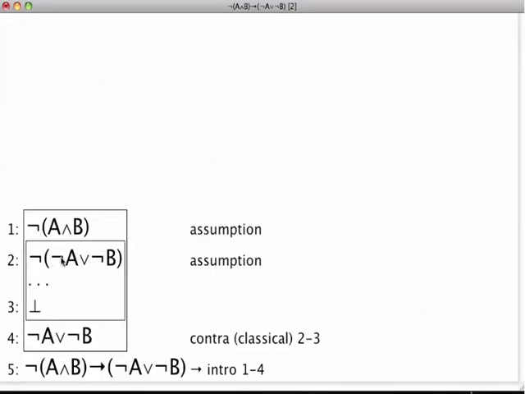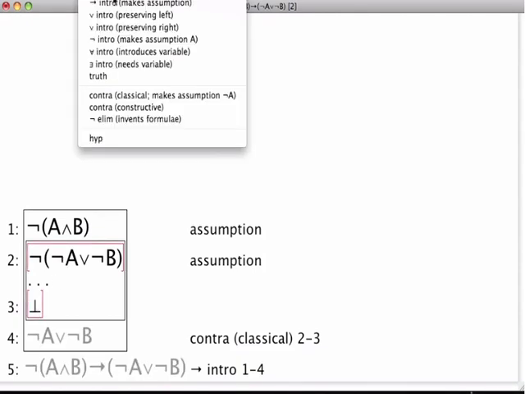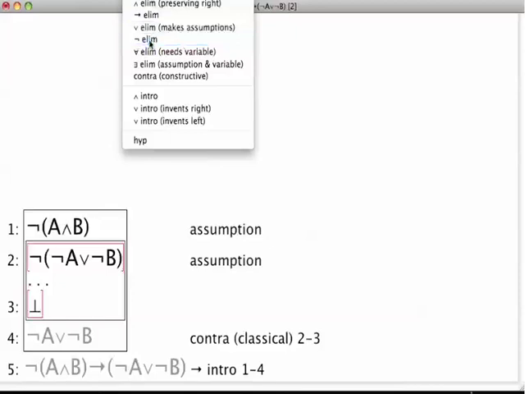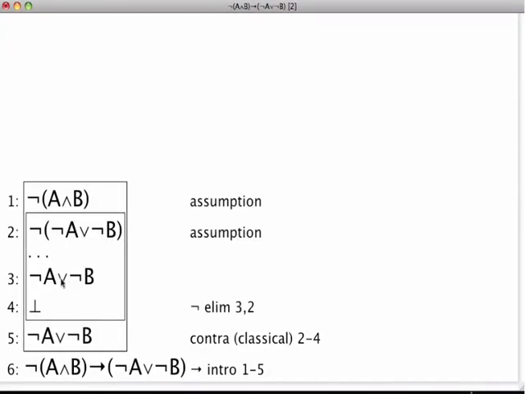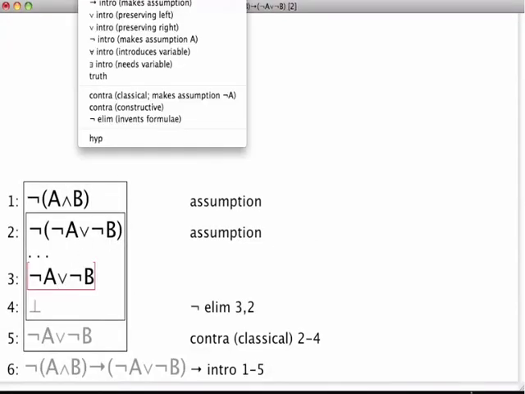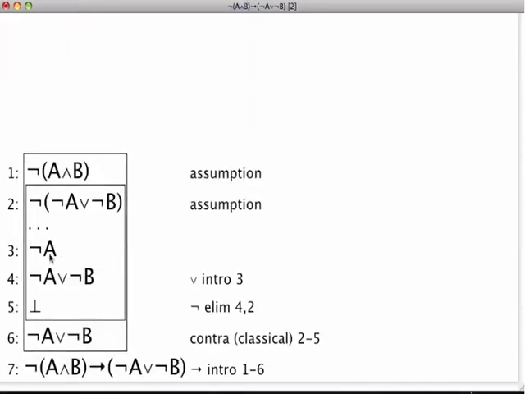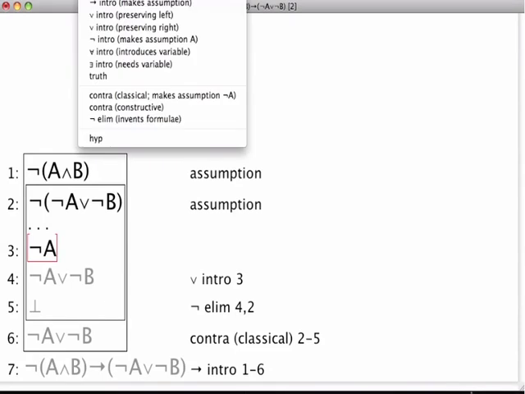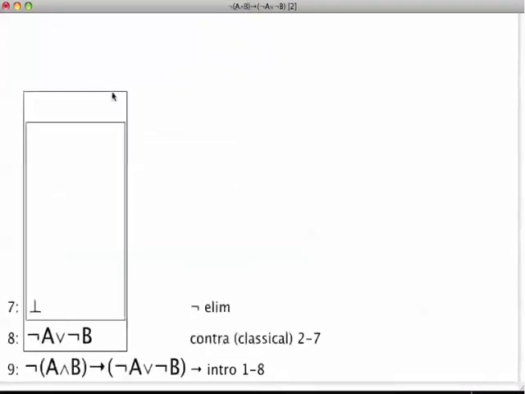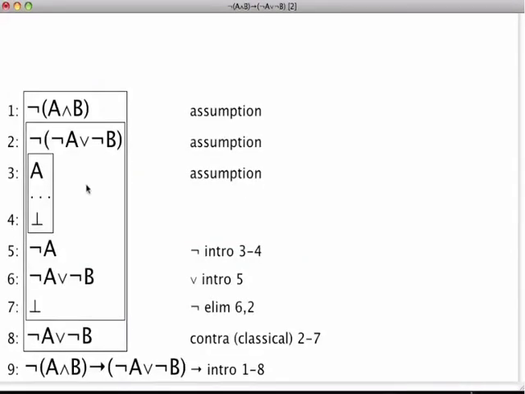So the key was to take this one and do a not elimination. And then we took the OR introduction, preserving the left. And here we have to justify now not A, but not A is just a not introduction. It's easy to justify.